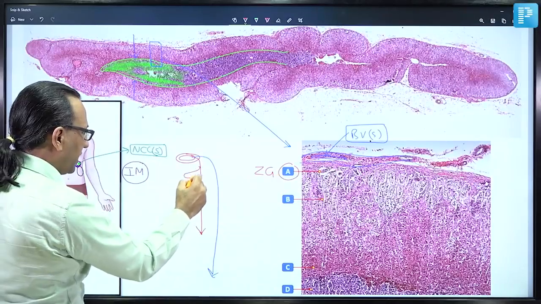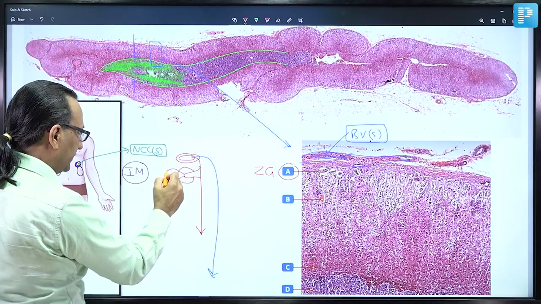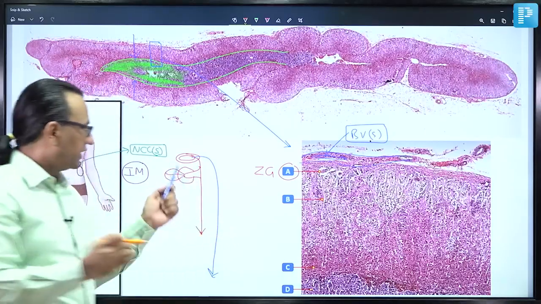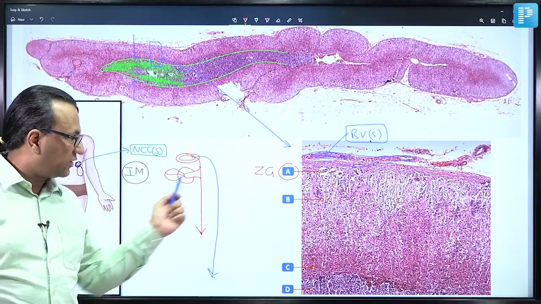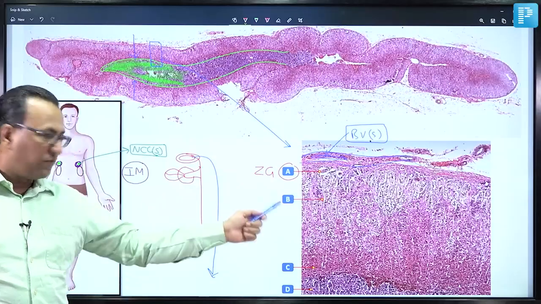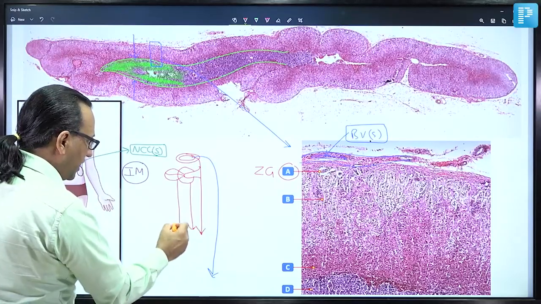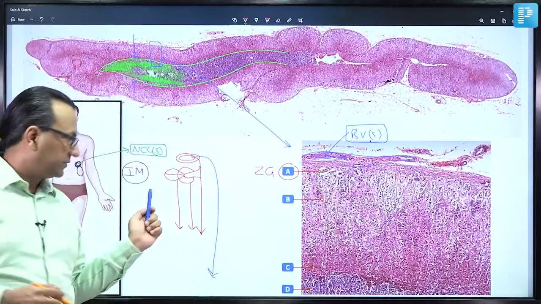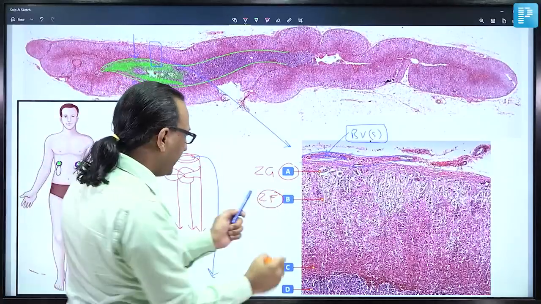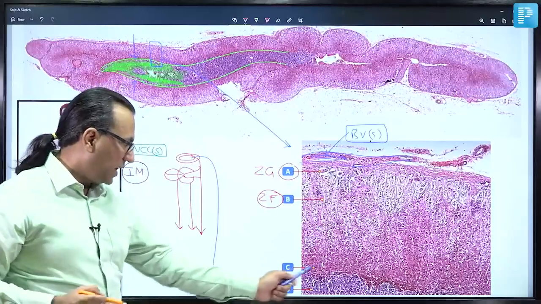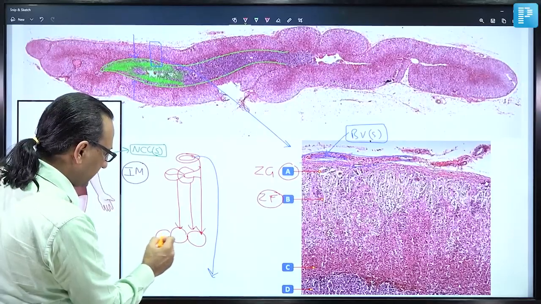Now the branches in the cortex will be found in the region of zona glomerulosa. The blood vessels are arranged in a network of fenestrated capillaries, or you can say fenestrated sinusoids, to collect the secretions of zona glomerulosa. In fasciculata, the blood vessels remain parallel in a longitudinal direction. So this will be zona fasciculata, and as they reach the zona reticulata, again they assume a network of blood vessels.